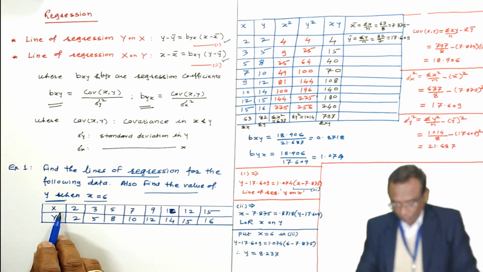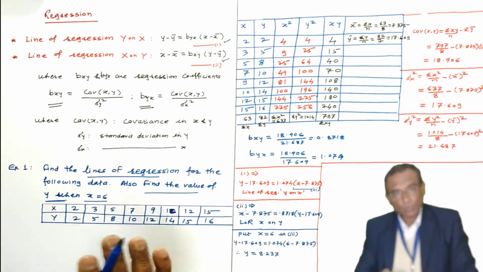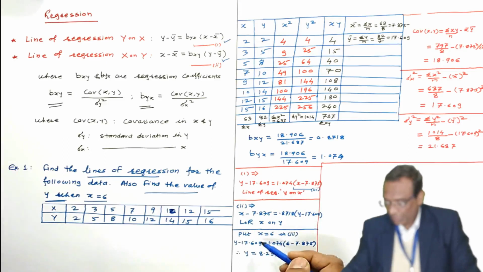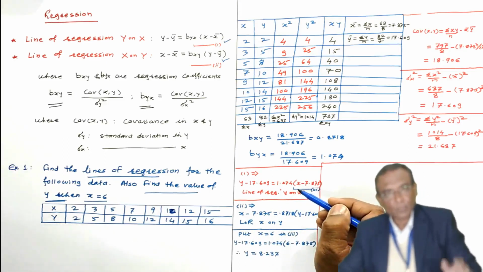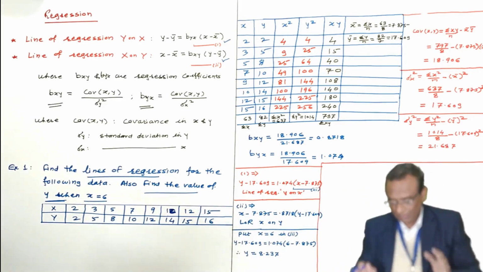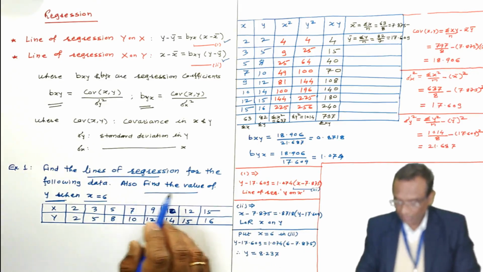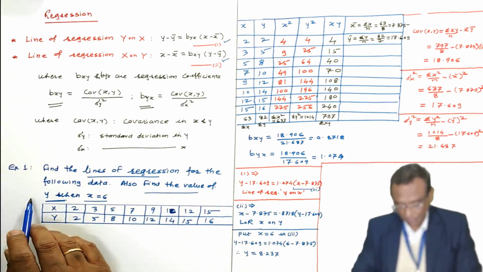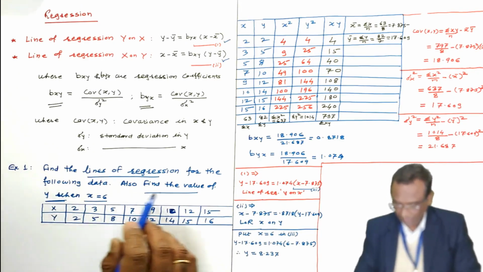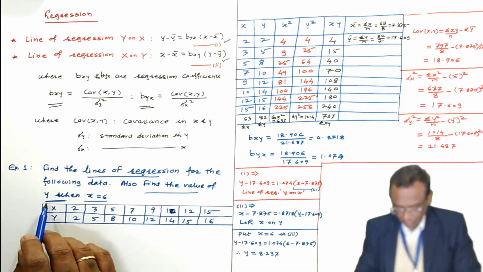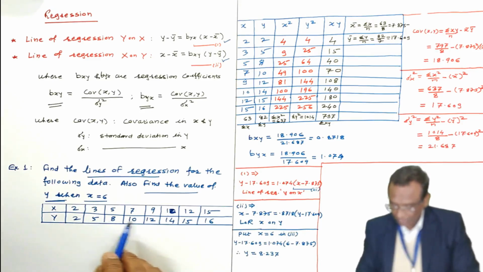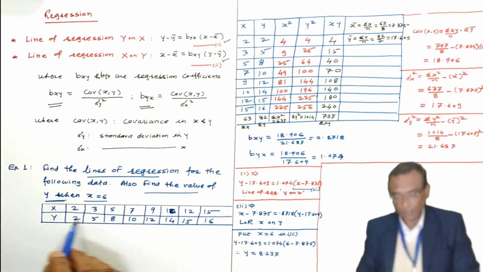See here, for x equal to 6, the value of y is not known, but once you get the line of regression y on x, put x equal to 6 in it, then you will get the value of y. If it is not asked in this problem, but in the examination it is asked like this: find the value of x when y equal to 13. 13 is absent.